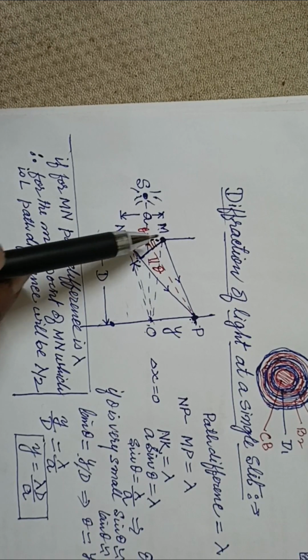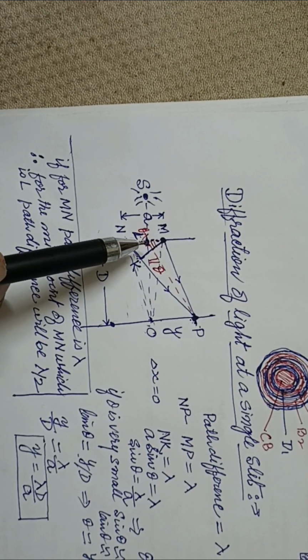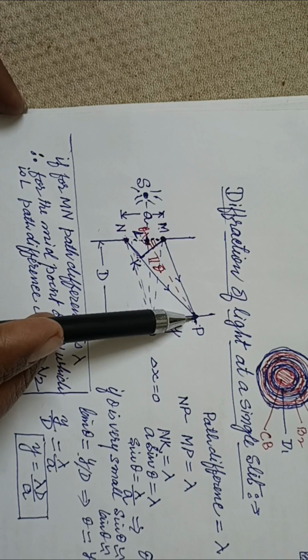If the path difference is lambda by 2, it means they will reach over there in the opposite phase.